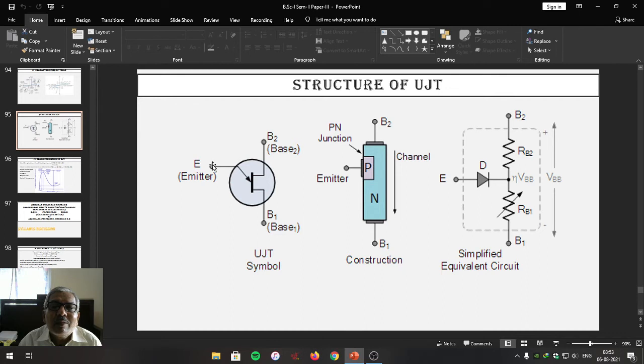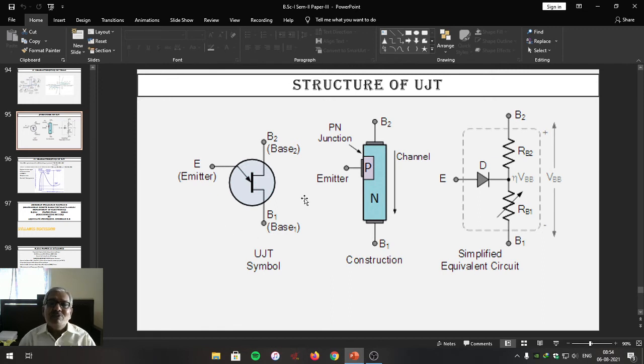Friends, this is the emitter terminal, showing the pointed arrow downwards, indicating that the emitter is close to B2 rather than B1, whereas the remaining two terminals are base B2 and base B1. Please do remember, this is the circuit symbol of UJT.